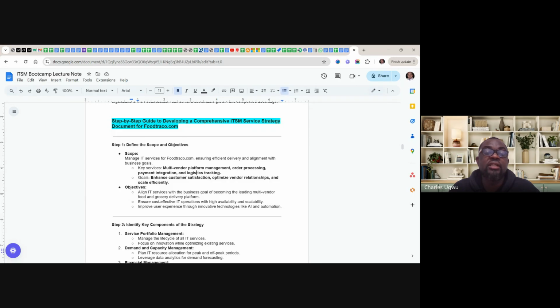We've decided the scope here. Objective: align IT services with the business goal of becoming the leading multi-vendor food and grocery delivery platform. Ensure cost-effective IT operation with high availability and scalability, and improve user experience through innovative technology like AI and automation. So we need IT services that, like I said, help us achieve customer satisfaction.